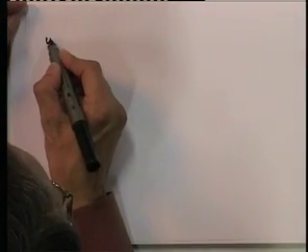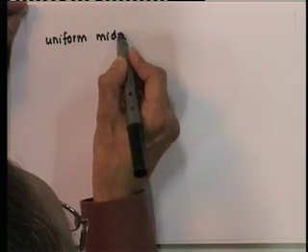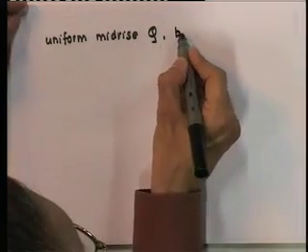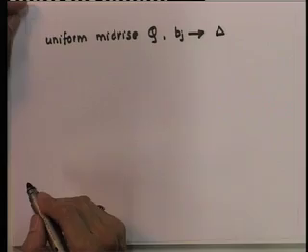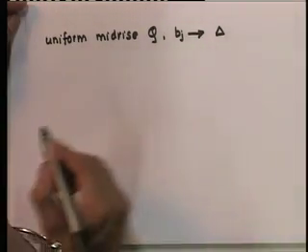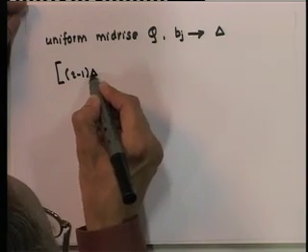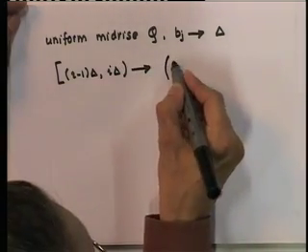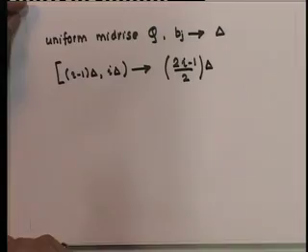So, for a uniform mid-rise quantizer, the decision boundaries are integral multiples of the step size delta, and the representation level for the interval (i minus 1) delta to i delta is given by (2i minus 1) upon 2 times delta.